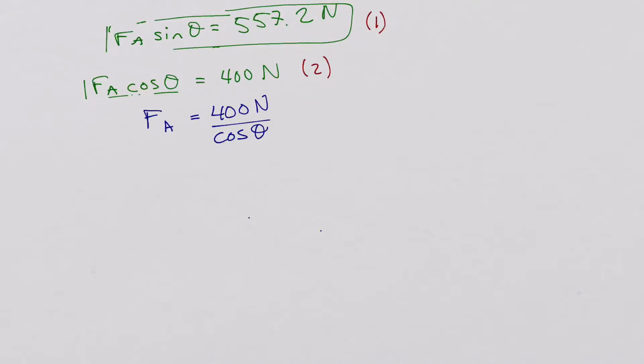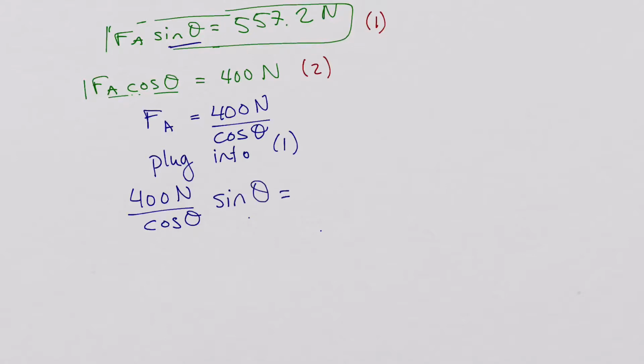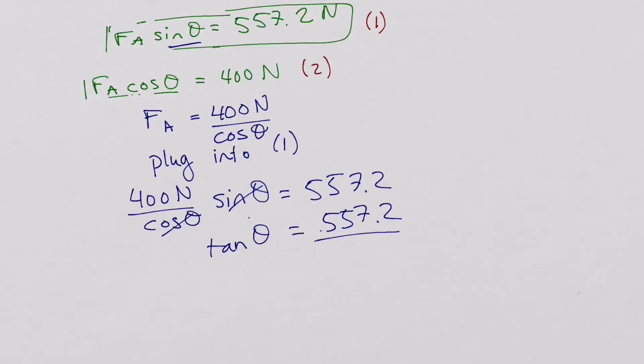If we plug that into the first equation, we would get FA is that 400 newtons over cosine of theta, and then times the sine of theta, and that equals 557.2. So sine over cosine is tangent of theta, so we'll just make that into tangent of theta. That equals 557.2 divided by 400, and both of those are newtons.